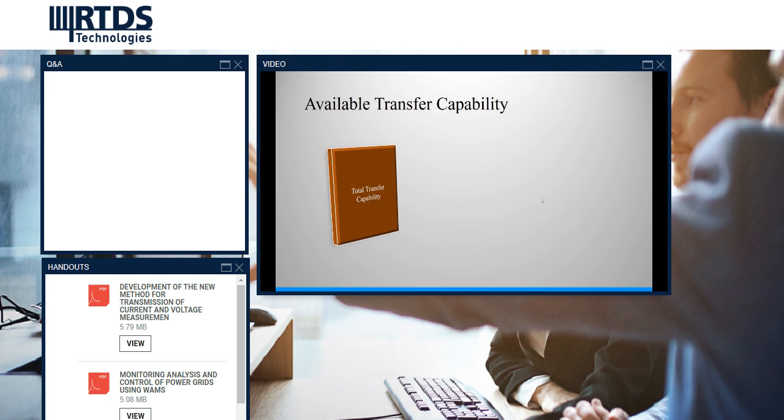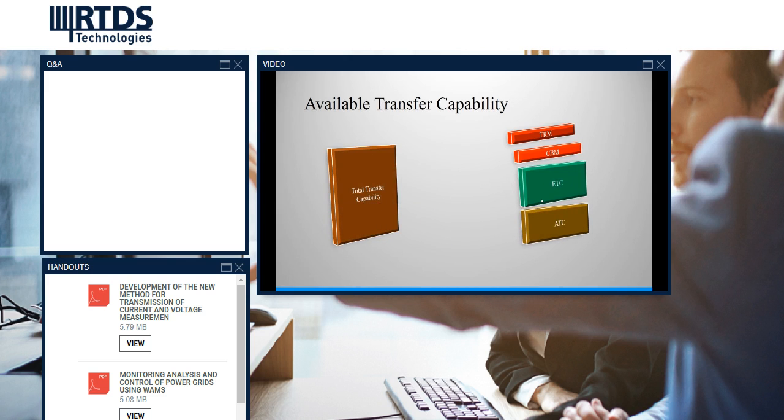The available transfer capability can be defined as the power transfer capability remaining in the system over and above the existing transmission commitments. For example, we have considered here the total transfer capability, which comprises transmission reliability margin, capacity benefit margin, existing transmission commitments, and available transmission capability.